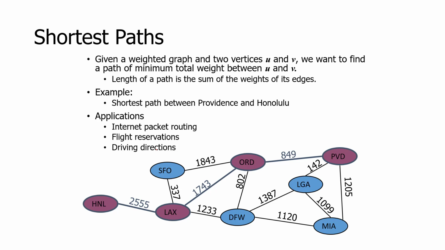So the two endpoints given are Honolulu to Providence, and we can take various different paths to reach from one to another, and this might be one possible way of going from one destination to another.